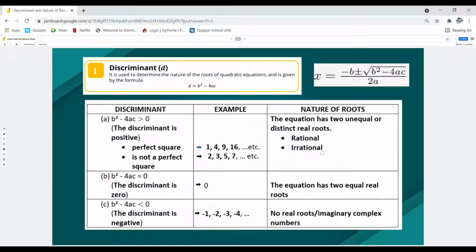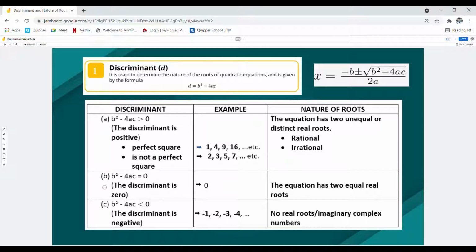Okay, the equation has two unequal irrational real roots, or you may say the equation has two distinct irrational real roots. The same with when it's a perfect square. Okay, that is the first condition. I hope you get it.